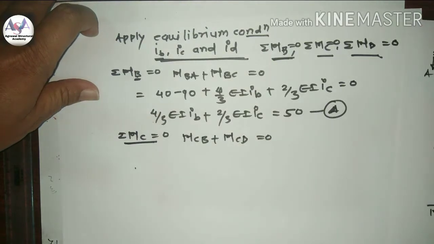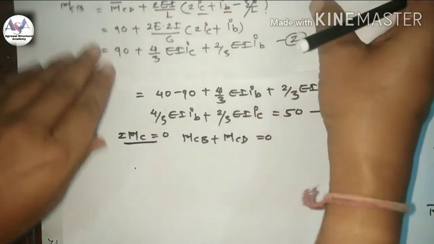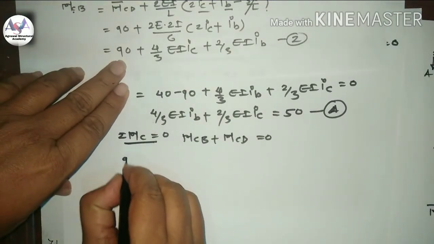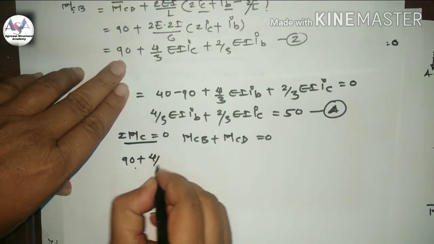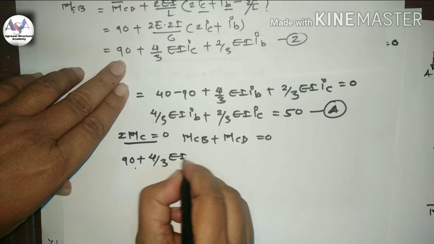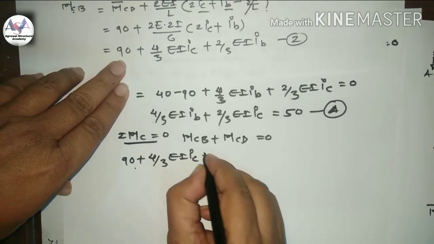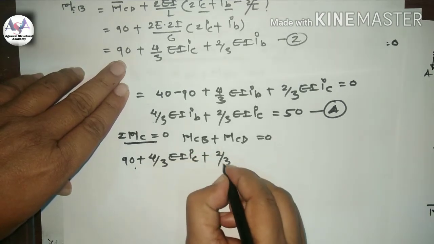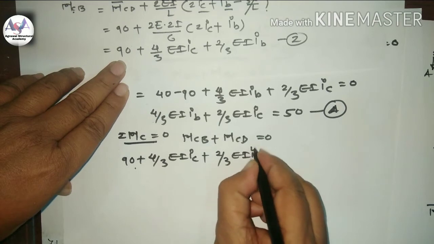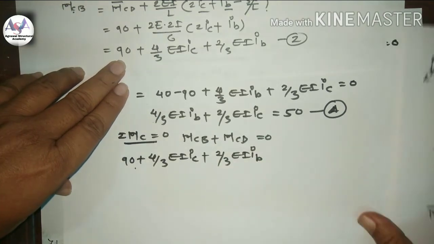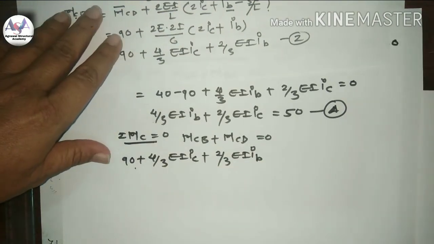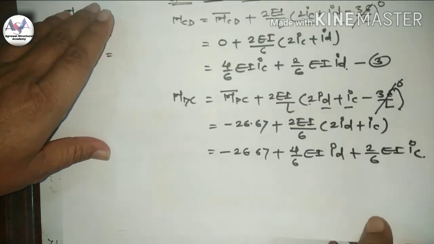So here if you apply M_CB, this is 90 plus 4 by 3 EI theta C plus 2 by 3 EI theta B. Then next is CD, the algebraic sum.